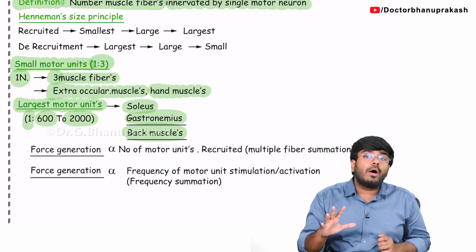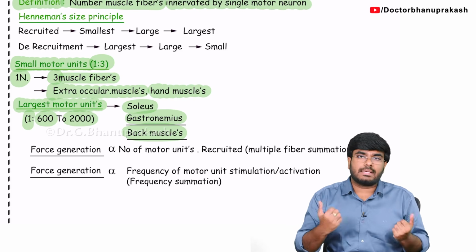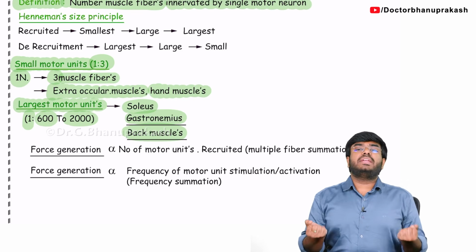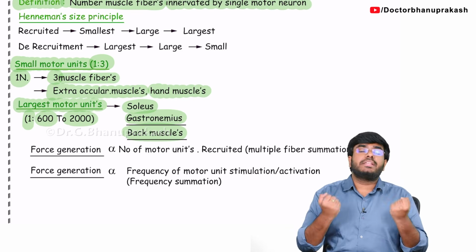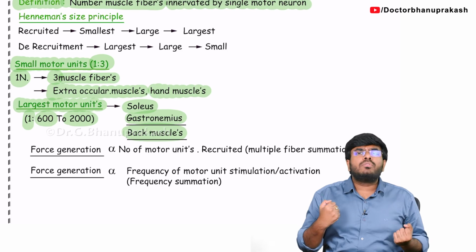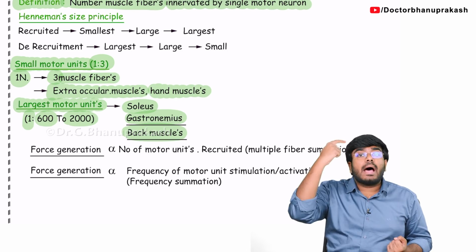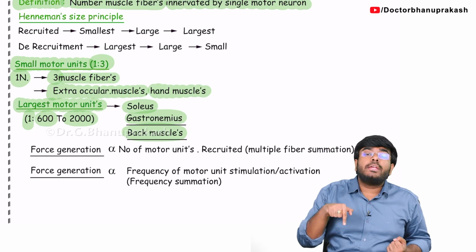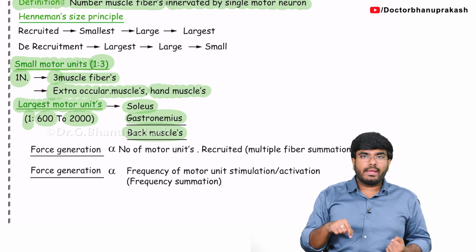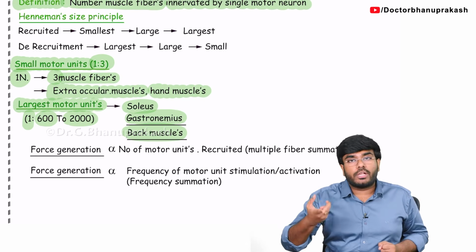But when you want to perform a large task, a big task, means you are trying to lift a 50 kg weight or a 100 kg weight, now you need to generate more force. Then the upper motor neurons are going to activate a larger motor unit.